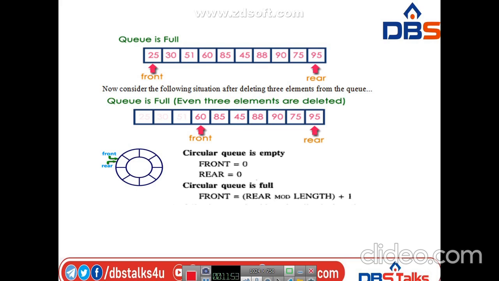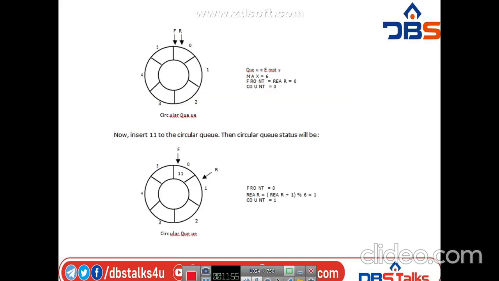Let us see with an example here. In the first representation, the size of the circular queue is 6, that is max equal to 6. Initially the queue is empty, front equal to 0, rear equal to 0, that means front equal to rear, which means the queue is empty. Here count equal to 0.